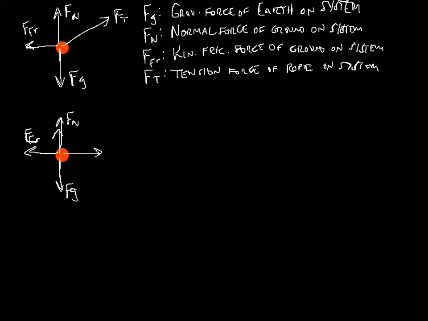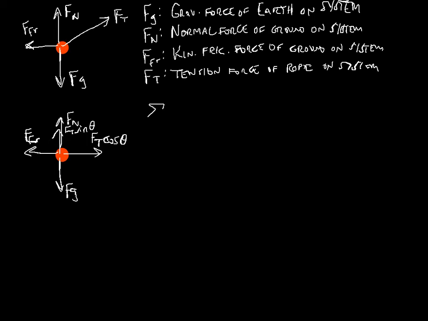And since the angle is taken with respect to the x-axis, that means the horizontal component will be Ft cosine of theta, and the vertical component will be Ft sine of theta. So now that we've broken everything into components, we can do the sum of the forces.